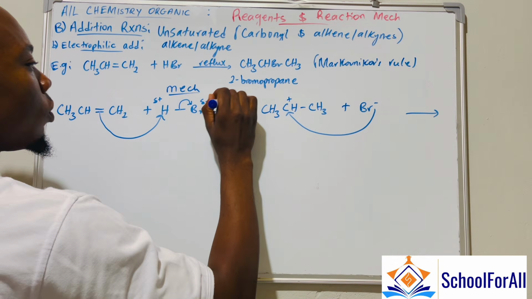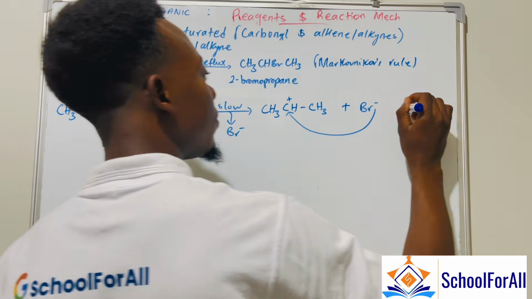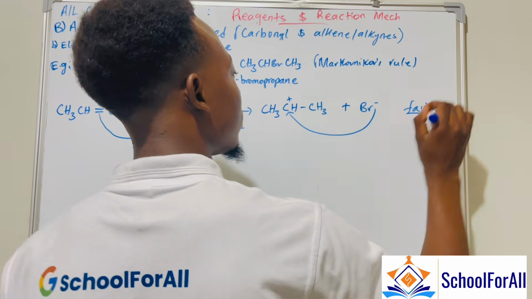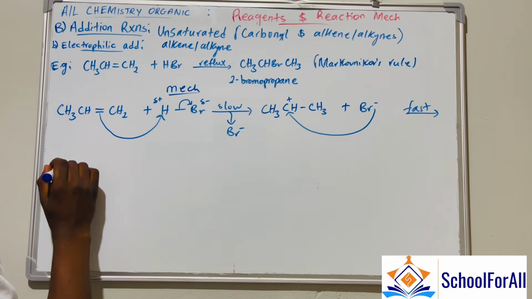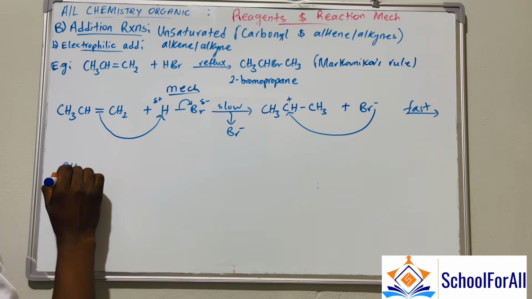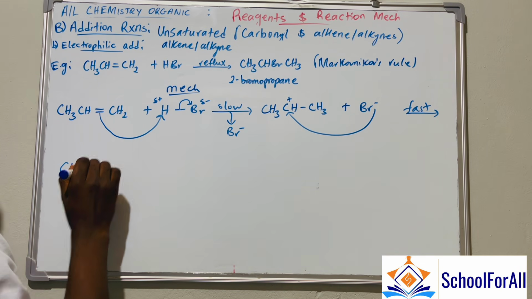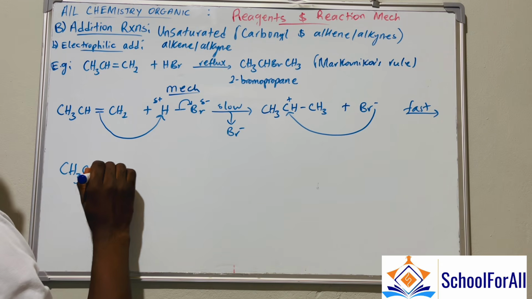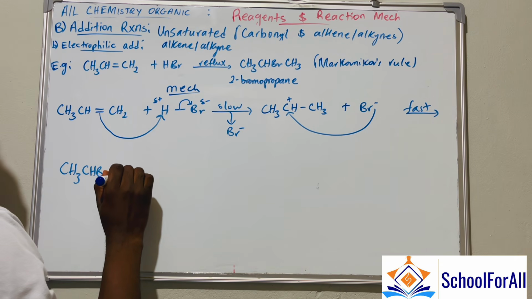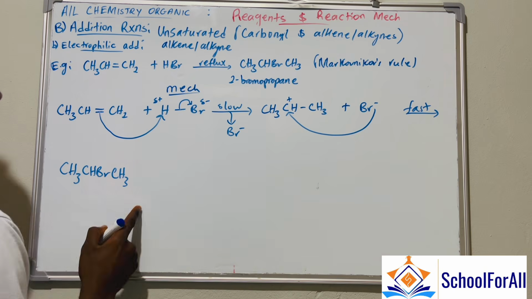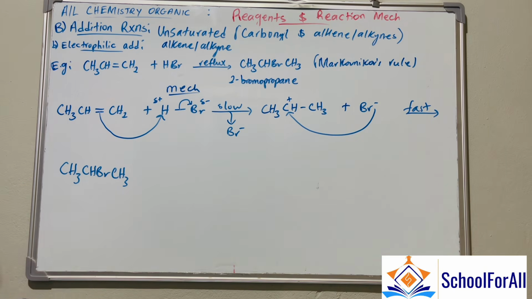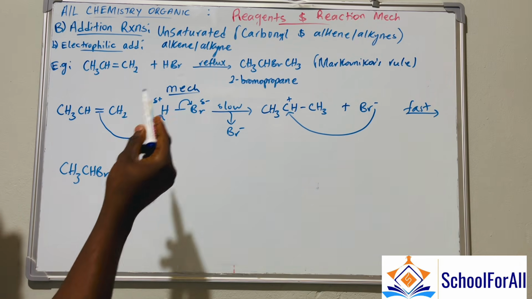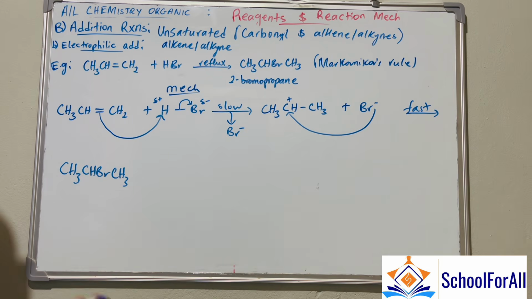So this was a slow step, this is the fast step. So finally I will have CH3 CHBr CH3, which is my major product respecting Markovnikov's rule. So that is about electrophilic addition reaction.